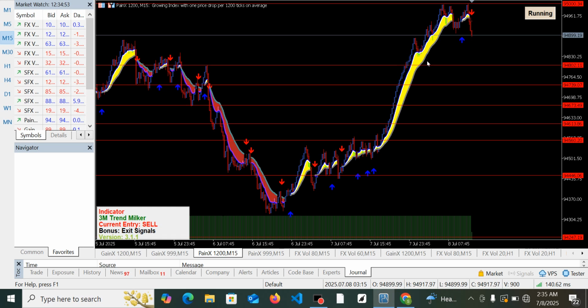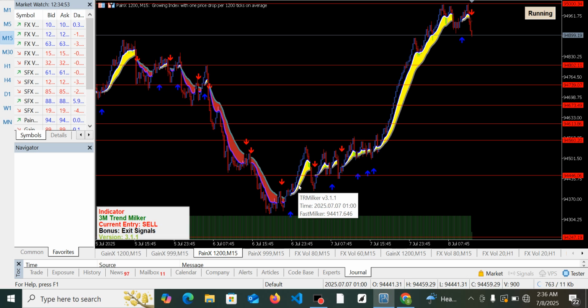So this is how I got my signals. First of all, I check out where the market is. I had to wait for this to get to the support zone. I waited a bit for me to know if it's going to break out below it or not. When I realized that it's not going to break out below it, I had to wait for the uptrend signal.